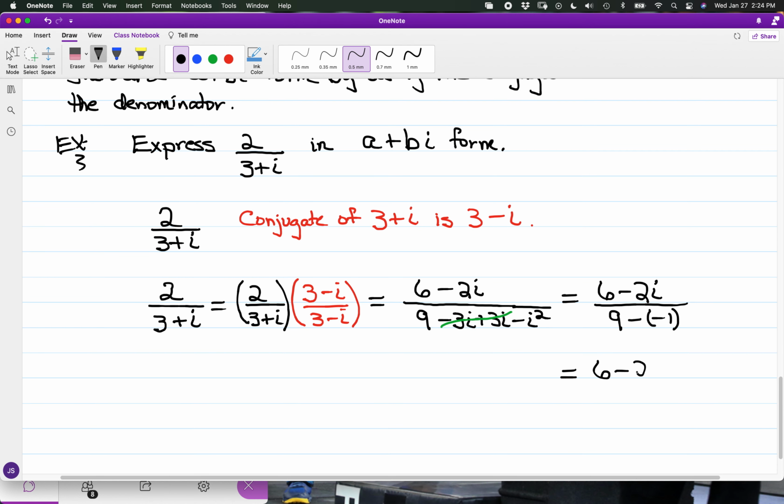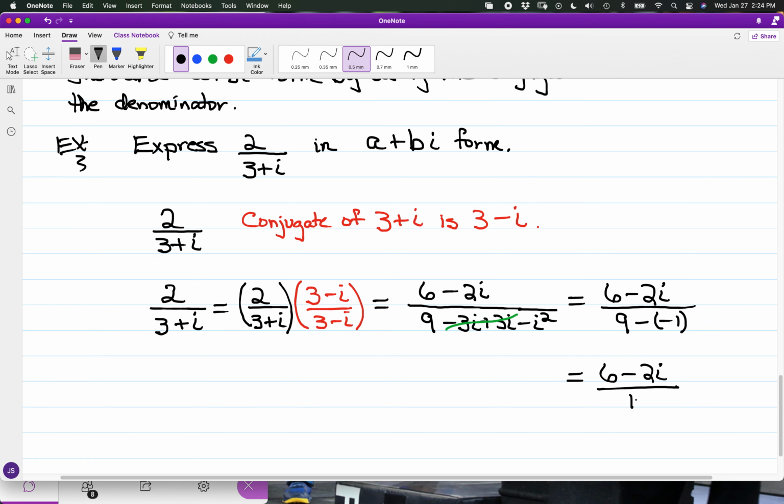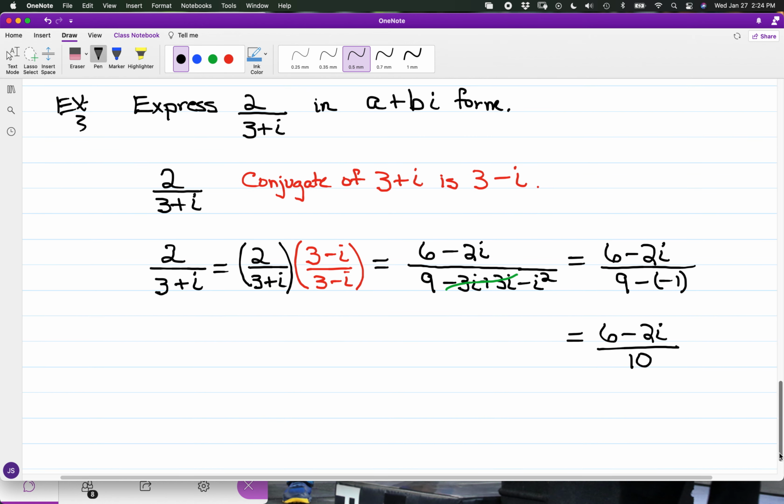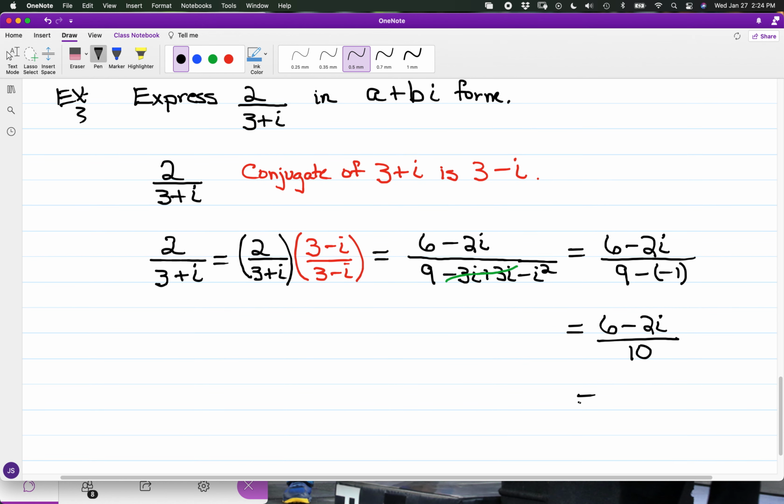Okay, so you have 6 minus 2i. Now for 9 minus negative 1, this will be 9 plus 1, which will be 10. And if I'm looking at expressing this number in a plus bi form, for a we have 6/10, and for bi I have minus 2/10 of i.